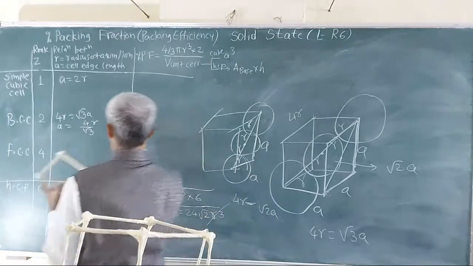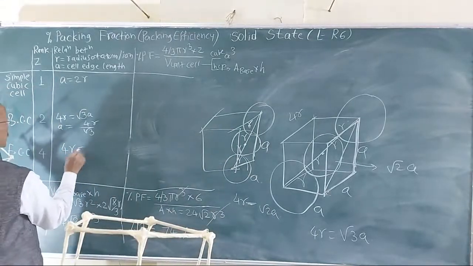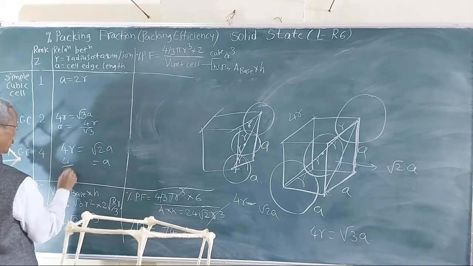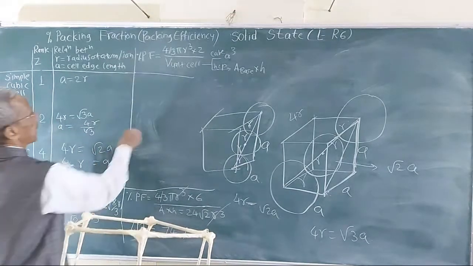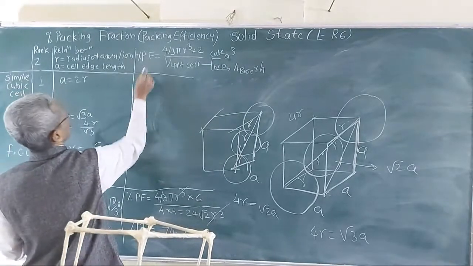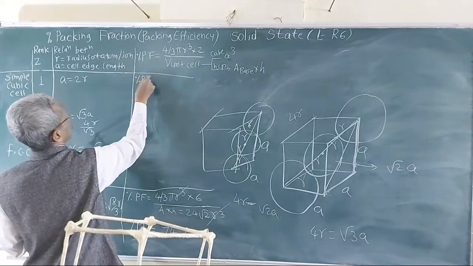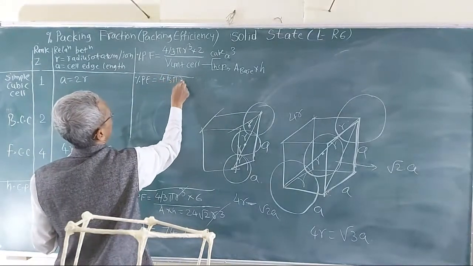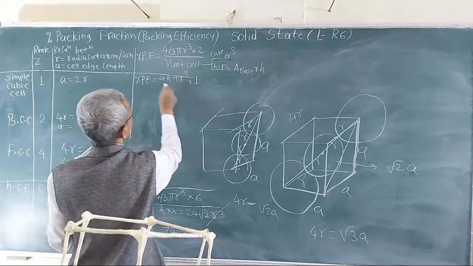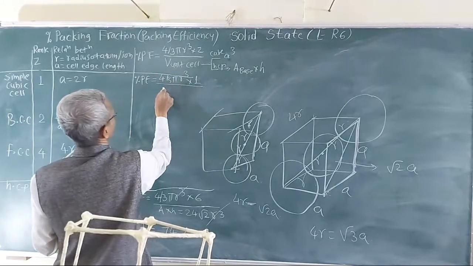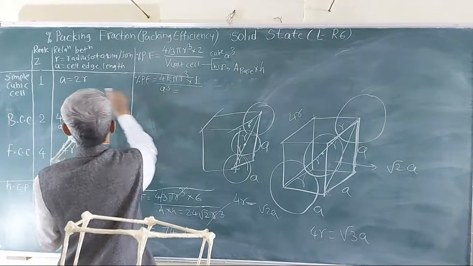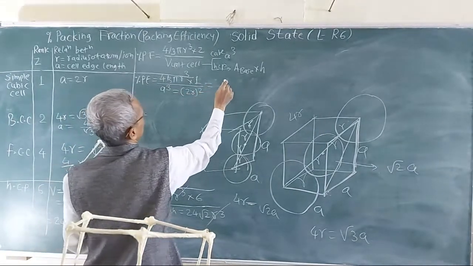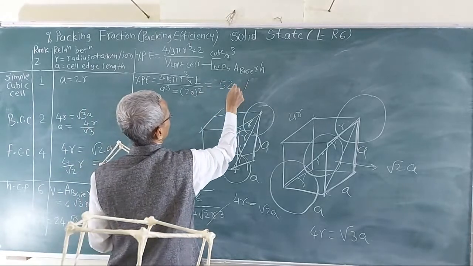So here one can write 4r is equal to square root of 2 a, or a is equal to 4r upon square root 2. Now the packing fraction for simple cube is equal to 4/3 pi r cube into 1 divided by the volume of the unit cell, that is a cube, and a is twice r, and this is found to be 52.3%.